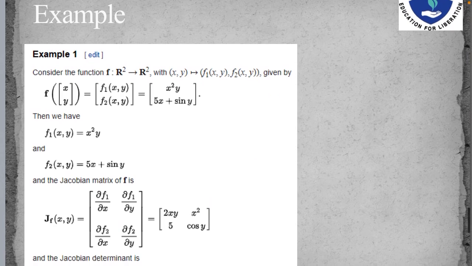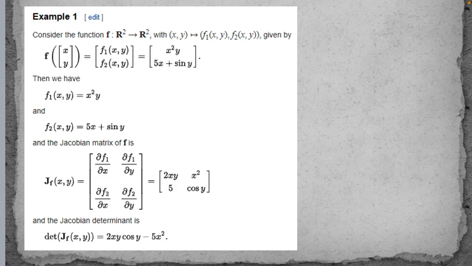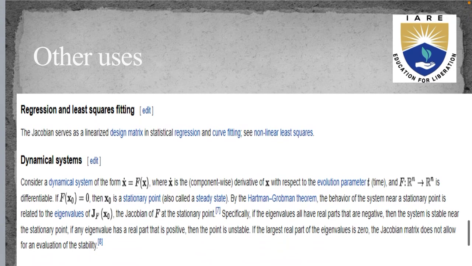Then we have f1(x, y) equals x^2 y and f2(x, y) equals 5x plus sin y, and the Jacobian matrix of f is as following, and the Jacobian determinant of f(x, y) is equal to 2xy cos y minus 5x^2.